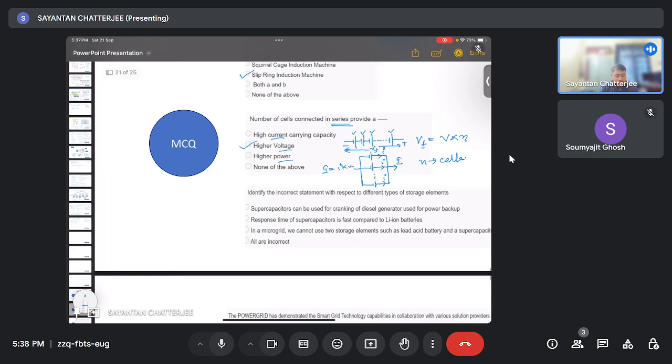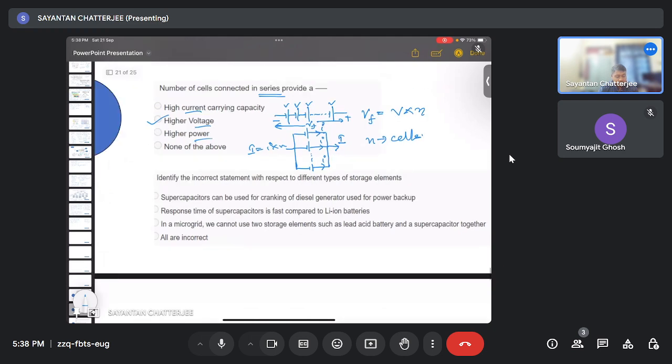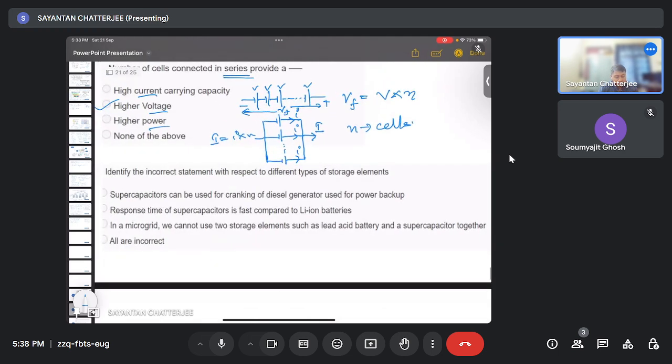Identify the incorrect statement with respect to different types of storage elements. Supercapacitors can be used for cranking of diesel generator used for power backup.